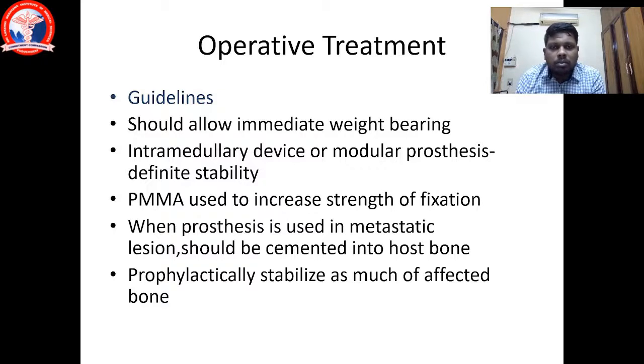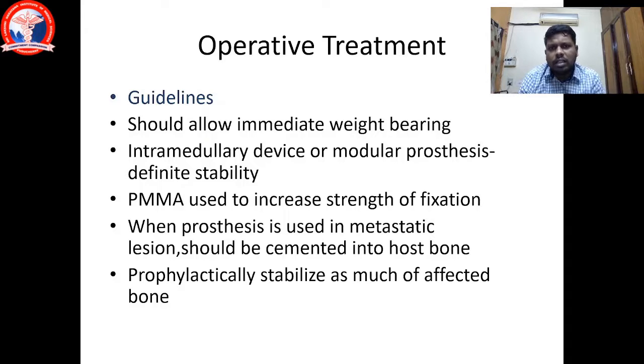So these implants will not have a good hold in the bone. To have good purchase and good stability and strength, we use bone cement, polymethyl methacrylate, in metastatic lesions. It should be cemented into the host bone, prophylactically stabilizing as much of the affected bone as possible.